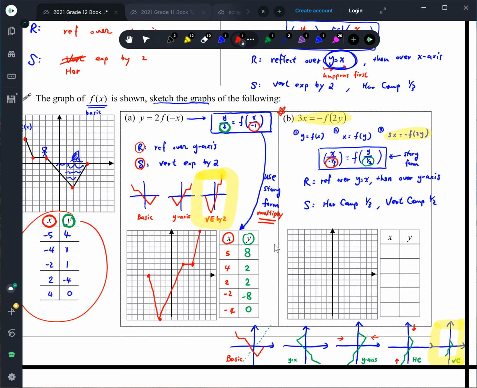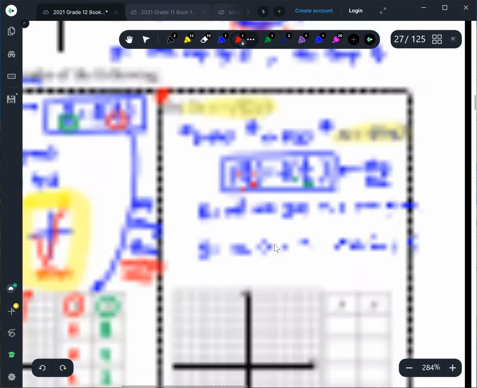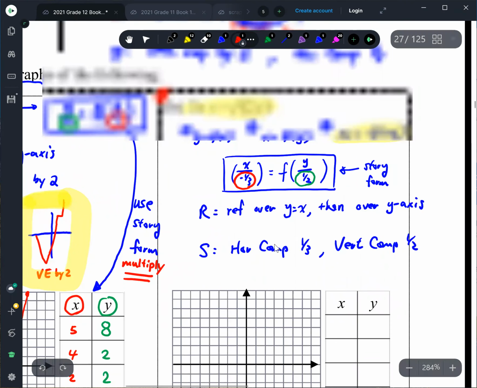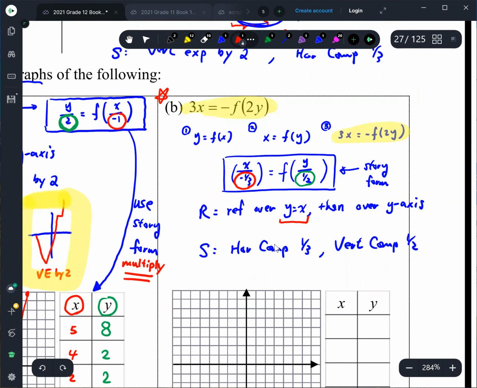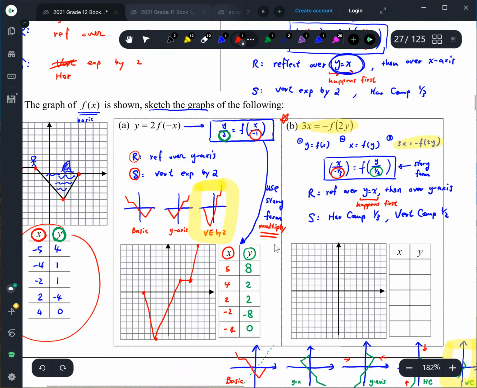Yes. The numbers on the chart, you need to flip first, right? So remember the reflection over y = x happens first. Meaning your inverse needs to happen first. Your flipping needs to happen before you start doing anything else. So you need to get your new table first.